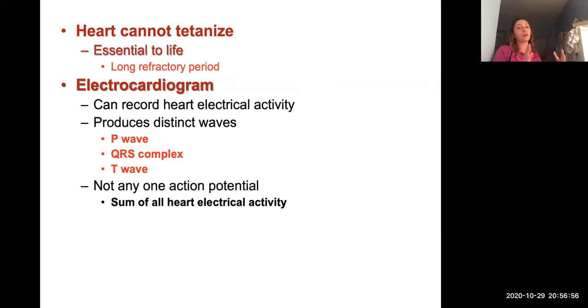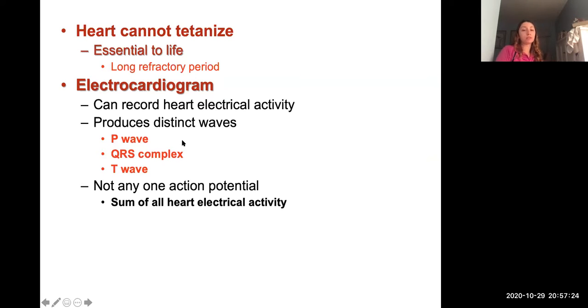Okay, so the electrocardiogram basically records the heart's electrical activity, or electrical impulses through the heart. It does not measure how the heart is contracting, like she said earlier. It produces distinct waves. The P wave is the first one, and it's atrial depolarization.